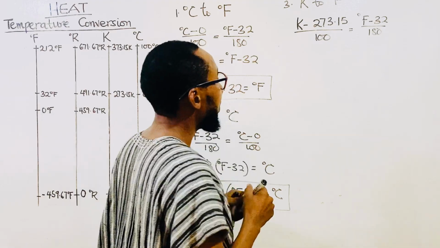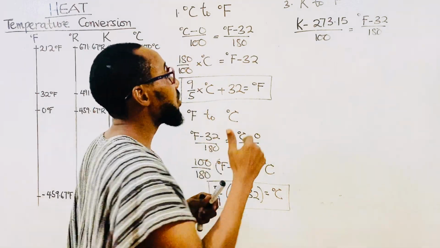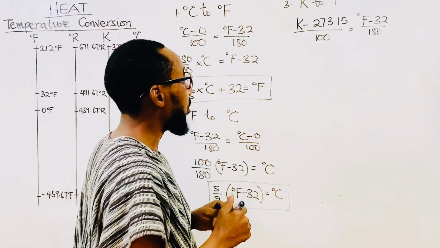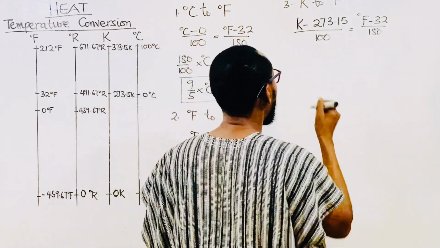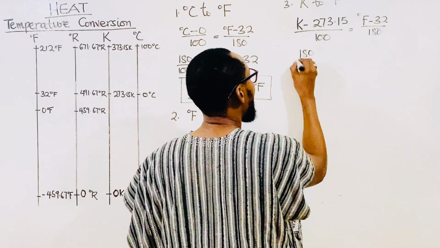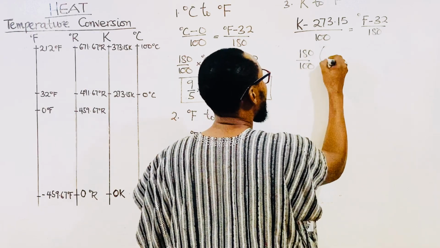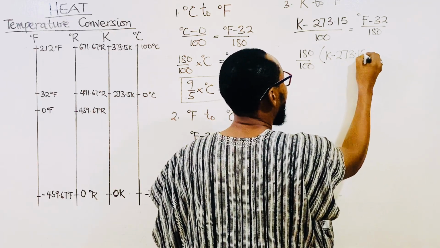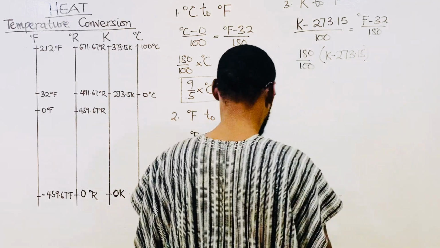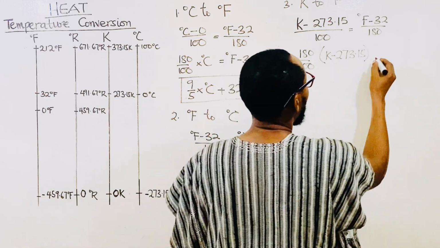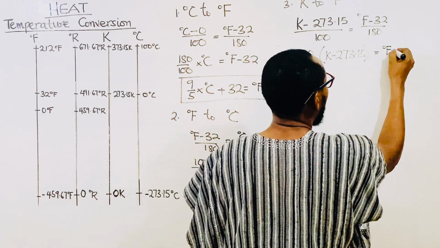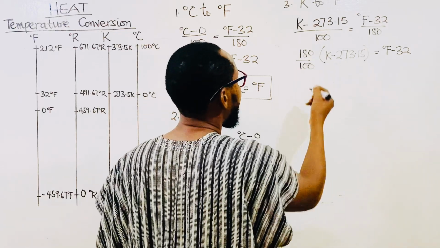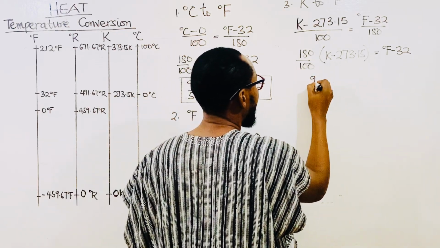All right. So what are we looking to do? We want to make degrees Fahrenheit the subject of our equation here. So we multiply both sides by 180, and this is what we have now. When we reduce this fraction, we are going to get this, right?